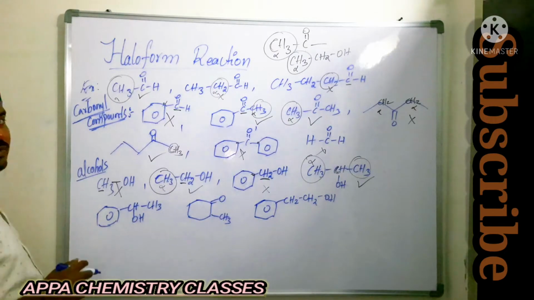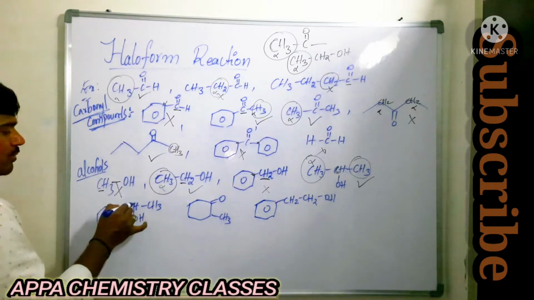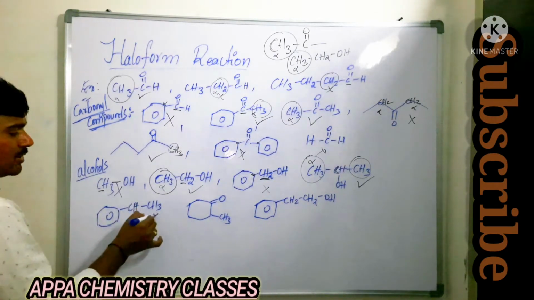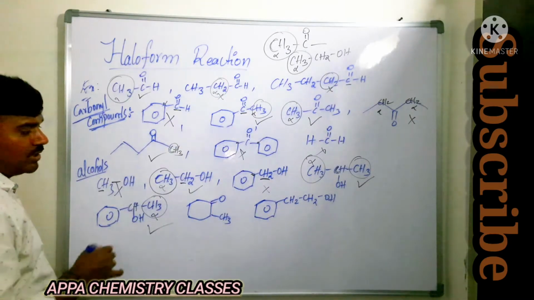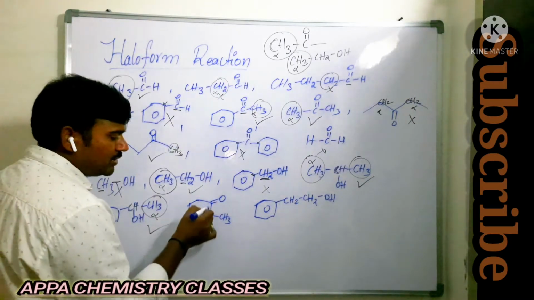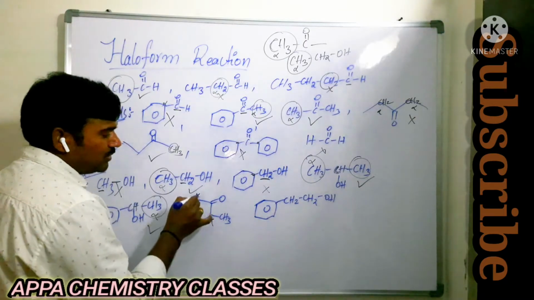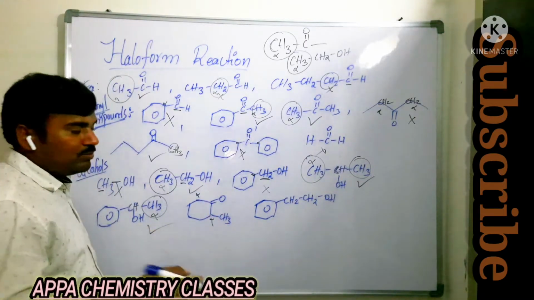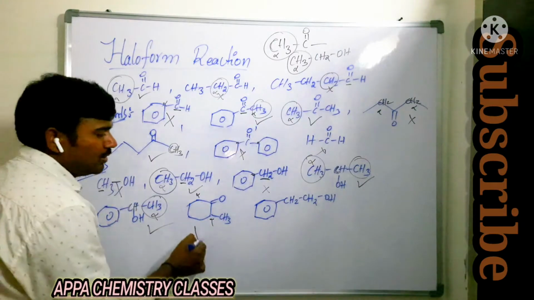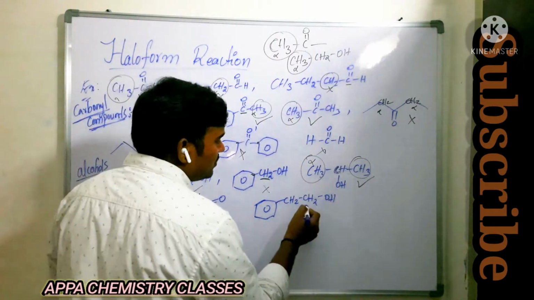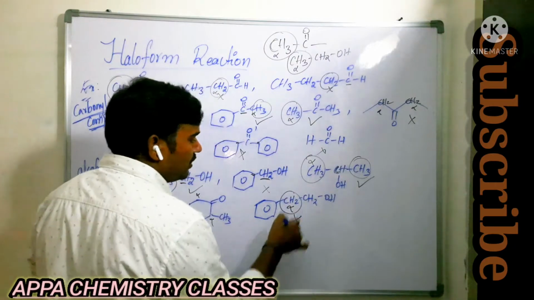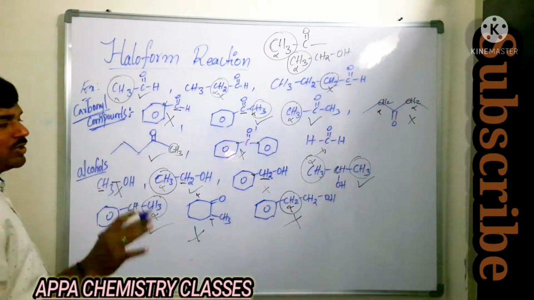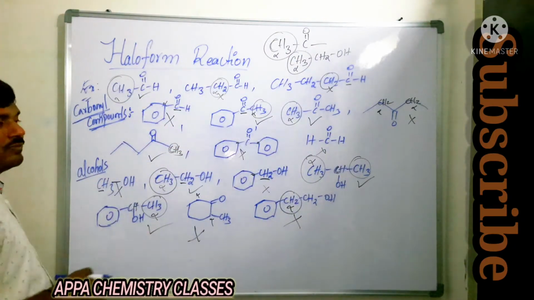Now in this case, the functional group carbon is attached to a methyl group, so it participates in the iodoform reaction, that is, the haloform reaction. Now in this case this is an alpha carbon, but there is no alpha methyl group, so it does not participate. It is also an alpha carbon, but it is not a CH3 group, so it will not participate.